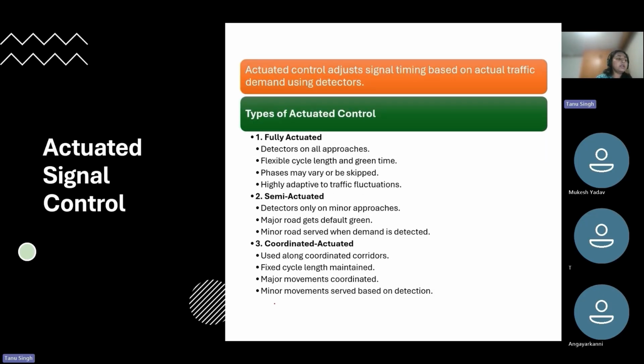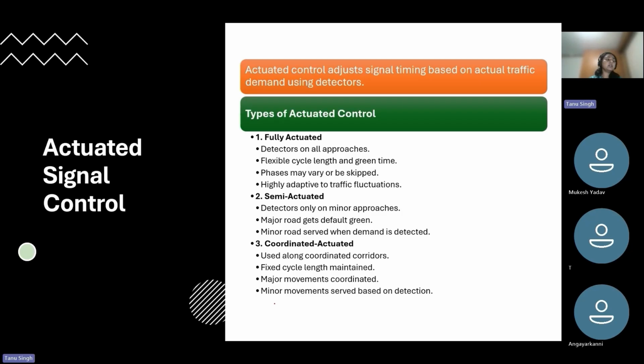In actuated signals, we adjust the timing based upon the actual traffic demand. They use detectors or sensors installed on the roadway approaches to detect vehicle presence, and on the basis of the volume of traffic we decide the cycle length of the signal.